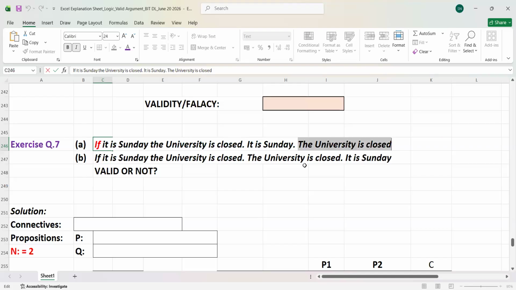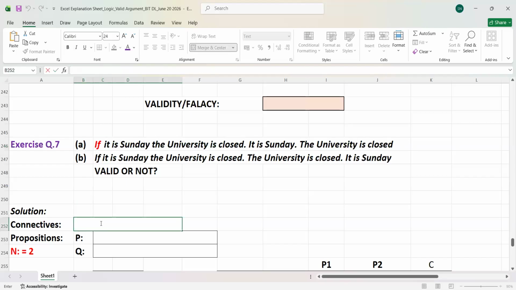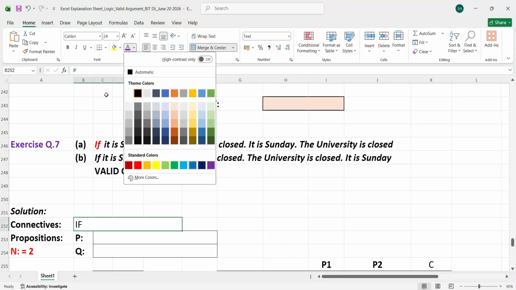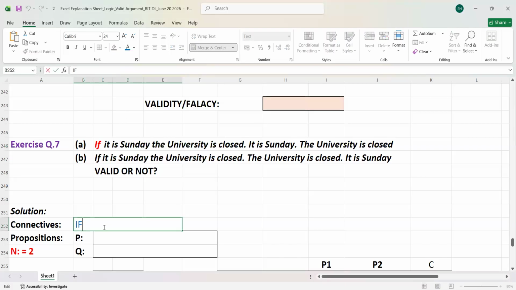Now look at it carefully. What is the connective or connectives in this problem? If it is Sunday, the university is closed. What's the connective here? If. It's if, exactly. No two ways about that. Okay, now we've taken care of that, so we are going to use the symbol implies, implication. Now we want to remove if.